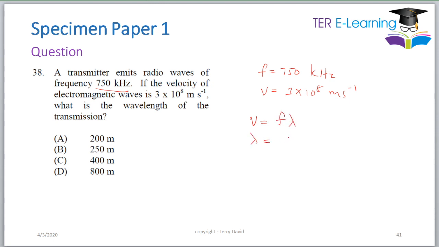So lambda is equal to v over f, right, which is 3 by 10 to the 8 divided by my frequency, which is 750, but it's kilohertz, so it's 750 by 10 cubed, right? So let's see what we get for that: 3 by 10 to the 8 divided by 750 by 10 cubed. We're going to get 400 meters as my wavelength, right? So for this one, the answer is going to be C.